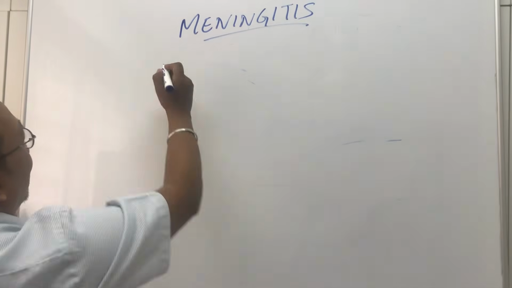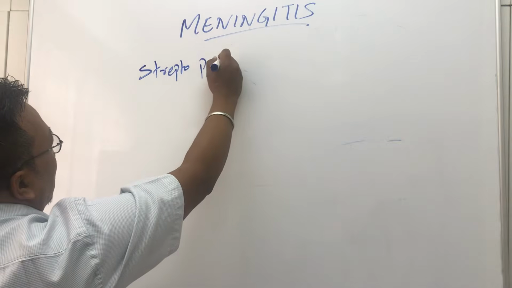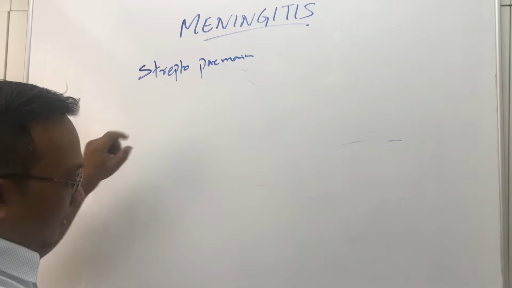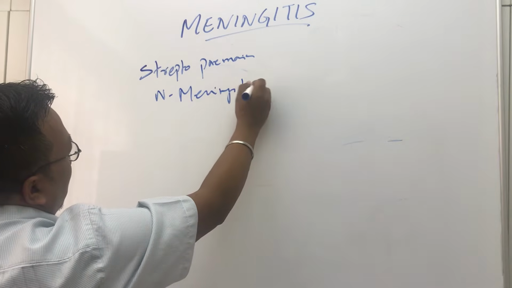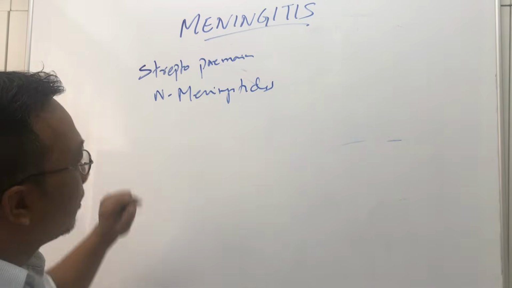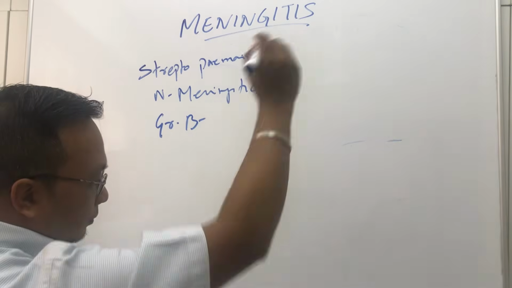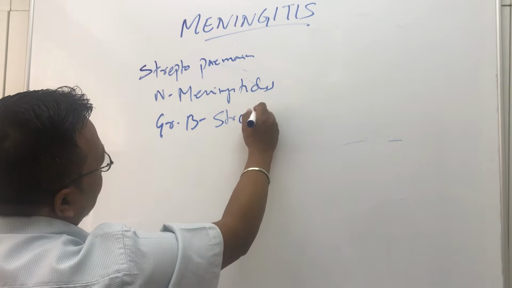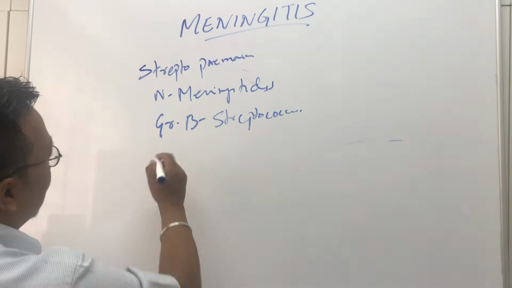The first is Streptococcus pneumoniae. Second is Listeria meningitis. Third is group B Streptococcus, which is also called Streptococcus agalactiae.